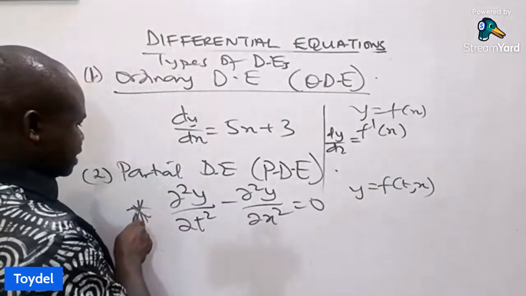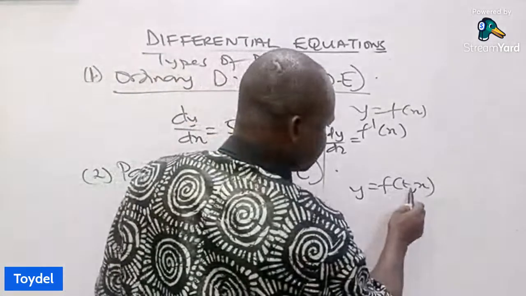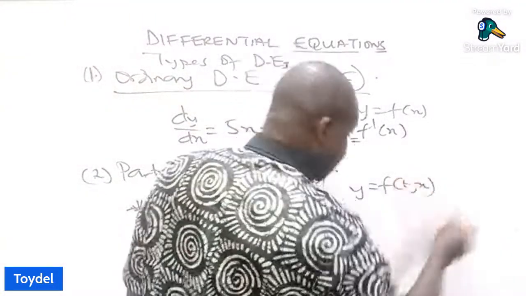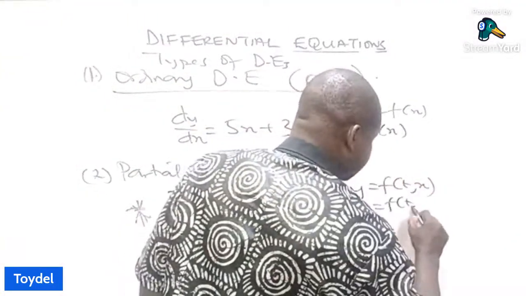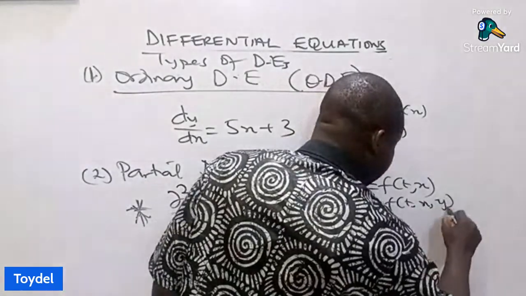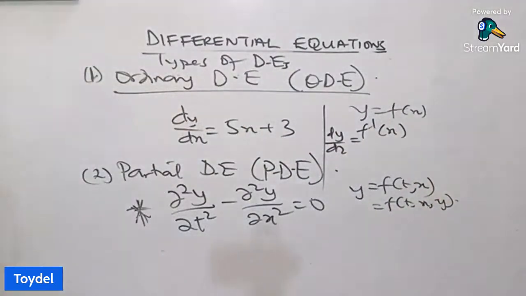Like this example, y is a function of both x and t. It is even possible to have y be a function of t, x, and y. It can be more than 2. So whenever the dependent variable depends on two or more independent variables, such a differential equation is referred to as a partial differential equation.